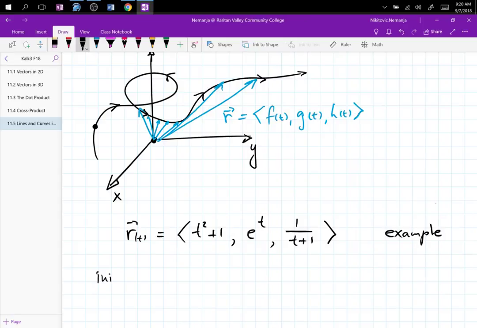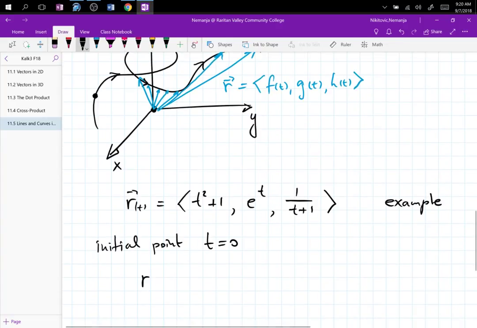Initial point, t equals 0. That's going to be r of 0. When you plug 0 everywhere, you get (1, 1, 1). Vector (1, 1, 1) has as a terminal point, point (1, 1, 1). So the location of the bug is at (1, 1, 1) at time 0.